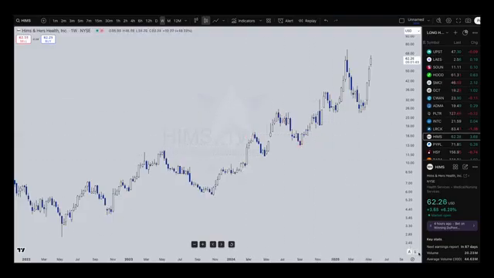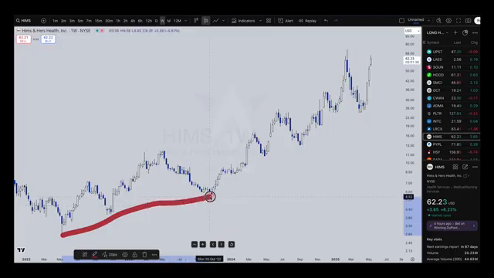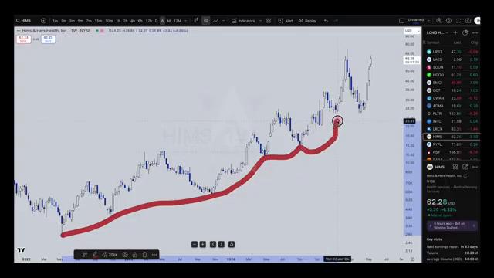Now, you can tell that the market has been protecting the lows, okay? So do you see how the market has been forming higher lows? And look at the highs. It has been forming higher highs.